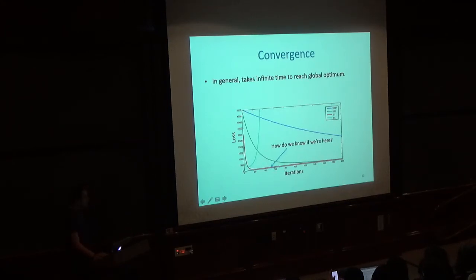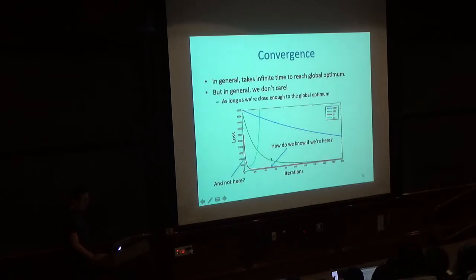And so how do we know that we're here and not here? If we don't know what W star is, how do we know that we're in the regime down here and not in the regime up here? In some sense, that's all we care about in order to use machine learning in practice.